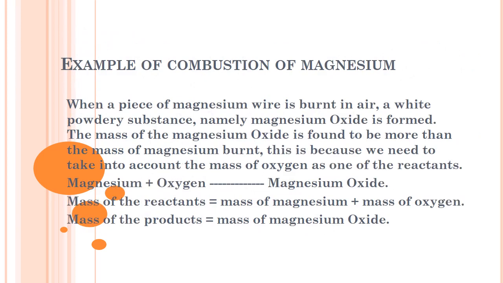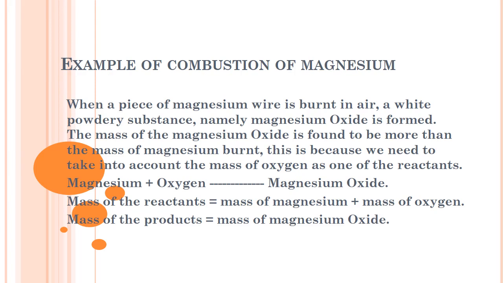Now, an example: combustion of magnesium. When a piece of magnesium wire is burnt in air, a white powdery substance, namely magnesium oxide, is formed. The mass of the magnesium oxide formed is found to be more than the mass of the magnesium burnt.